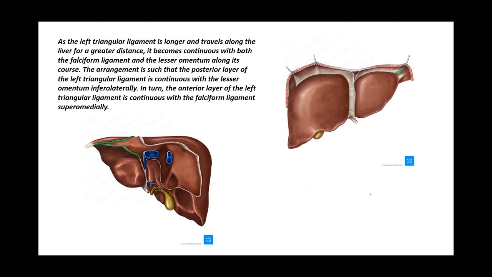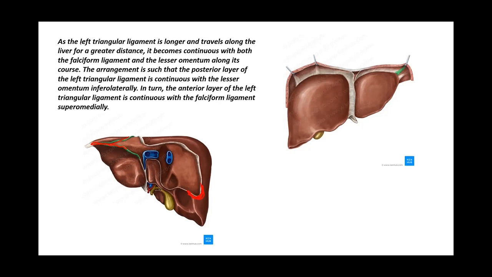As the left triangular ligament is longer, take note of this. This greenish portion is the left triangular ligament, and it is longer. This is the right triangular ligament, and you can see it's shorter.